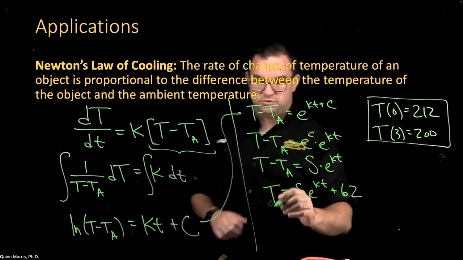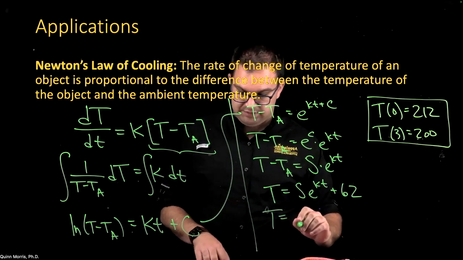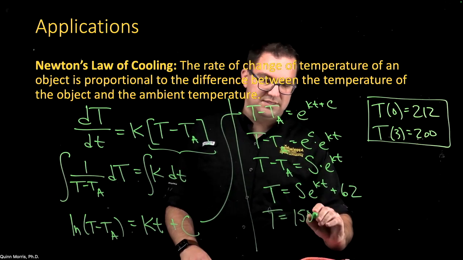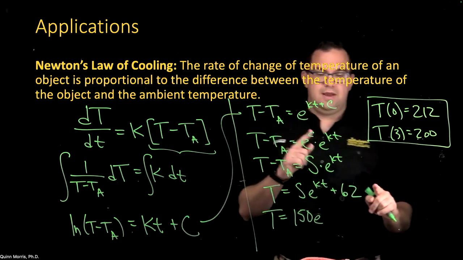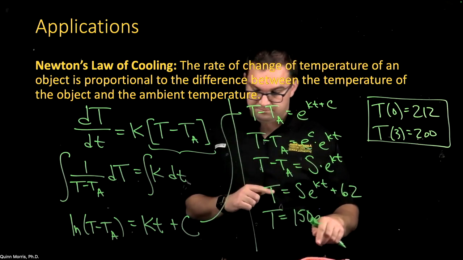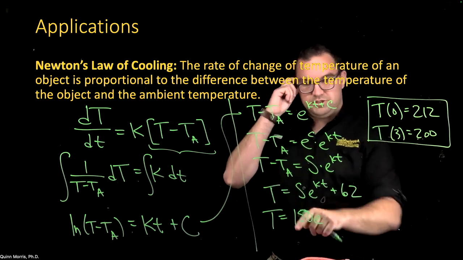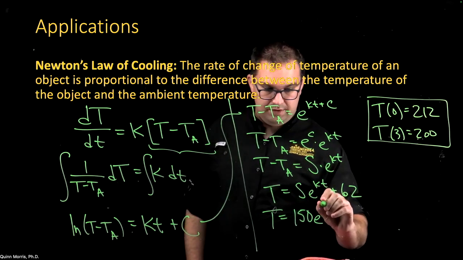All right, so you should have been able to do that, and we should have gotten that S is equal to 150. It's actually just equal to the difference between the initial temperature and the ambient temperature. So it's 212 minus 62, which is 150. And now K is a bit more complicated.